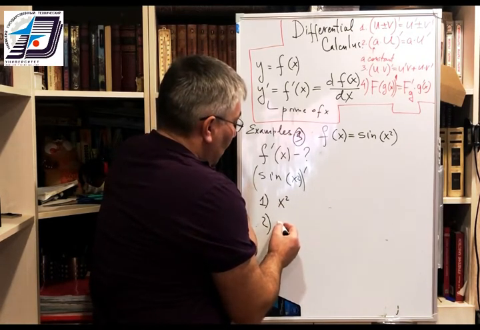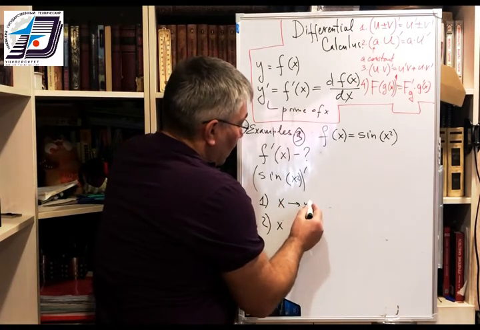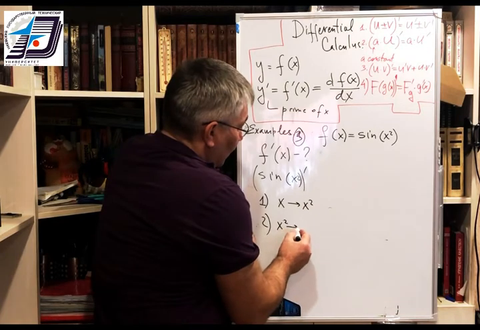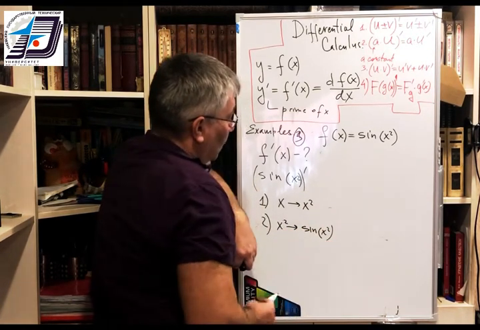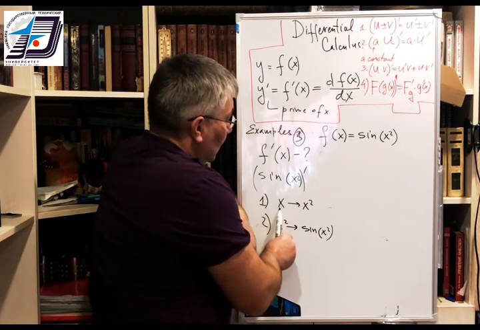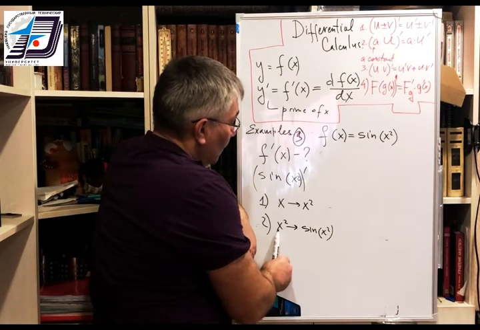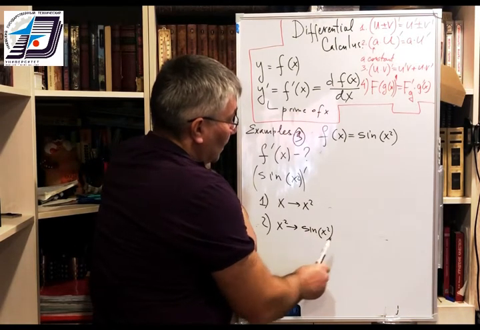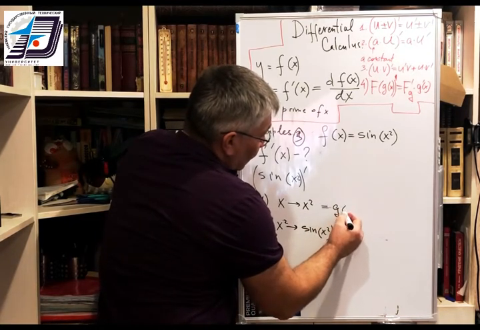You have to transform x. Firstly, you transform into x squared, and then x squared you transform into sine of x squared. So this mapping sends x firstly into x squared, and then the other mapping sends x squared into sine of x squared. I can denote this operation like g of x.